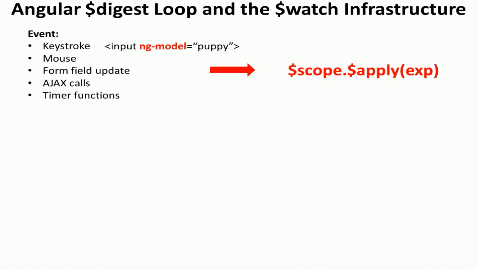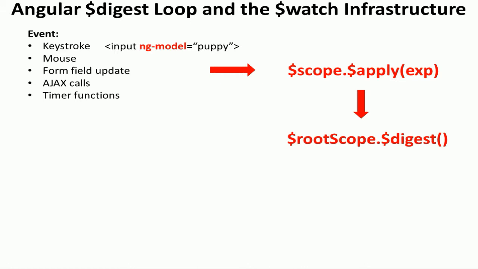Scope.apply is invoked when events occur, and in this case the event is a keystroke linked to the input element. These events can include user interactions such as mouse and keyboard events, form field updates, AJAX calls, or timer functions.